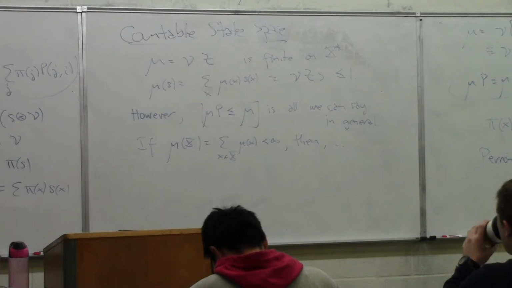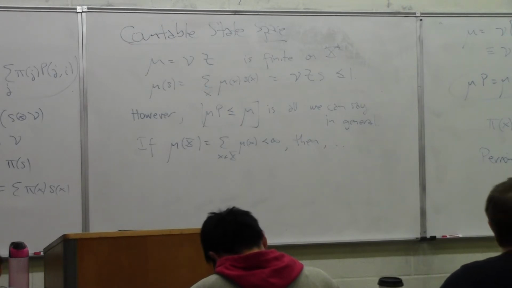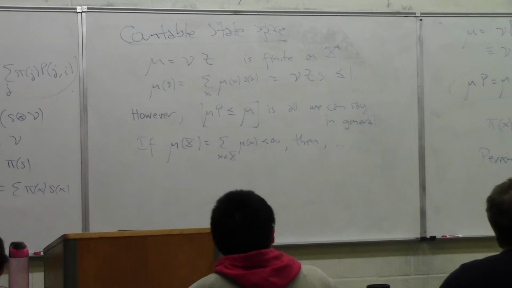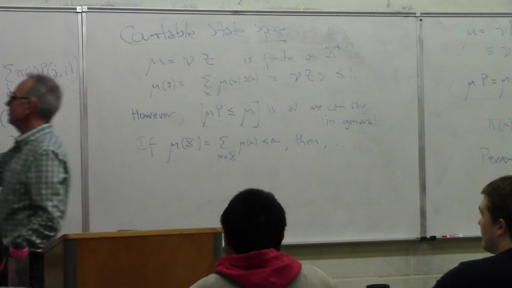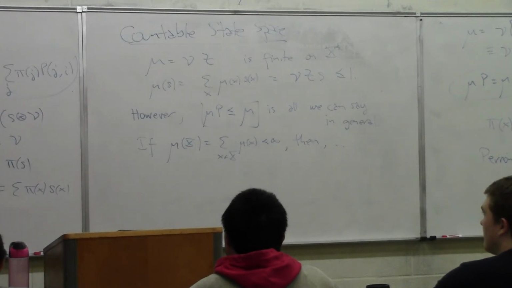Right eigenvectors. We still have right eigenvectors. What's the right eigenvector for P? Remember, there's an eigenvalue at 1. Left was this guy, so what's the right? All ones.